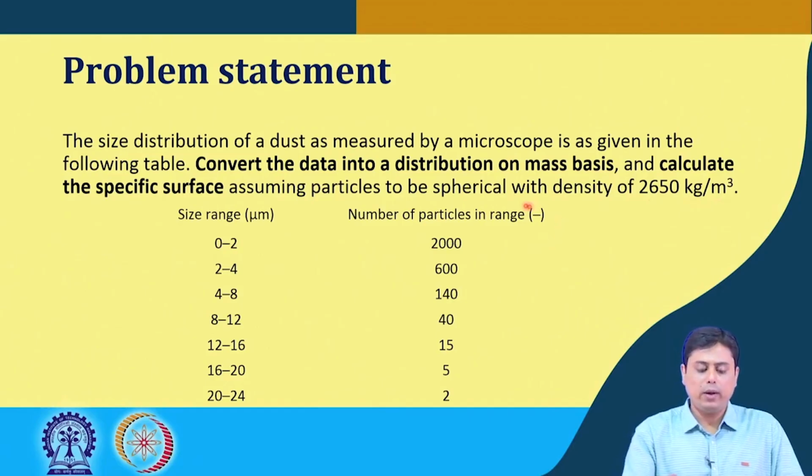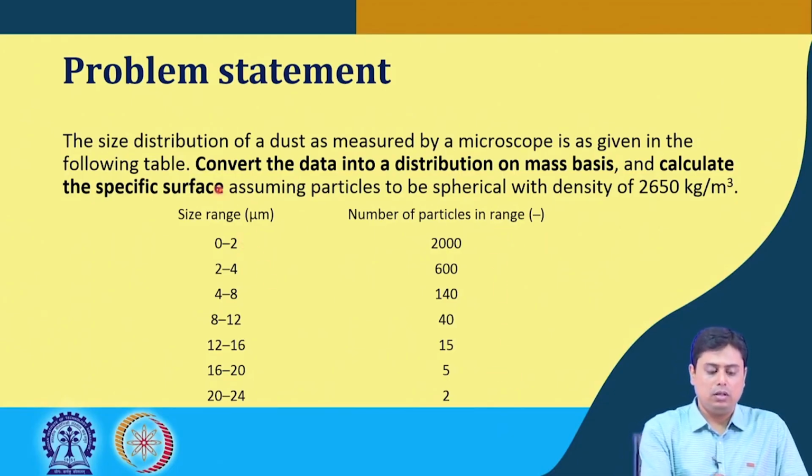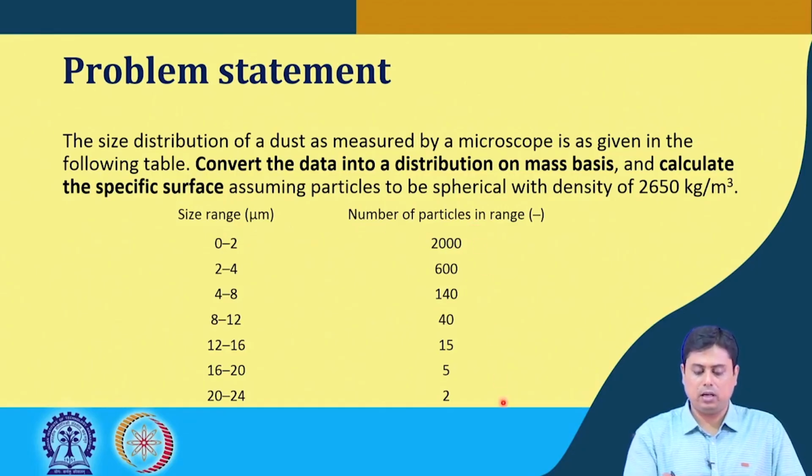So if you look at this problem and this table, it shows on the left hand side that this is a size range given in micron, and the right hand side is the number of particles in the range. Okay. So this distribution is quite straightforward.